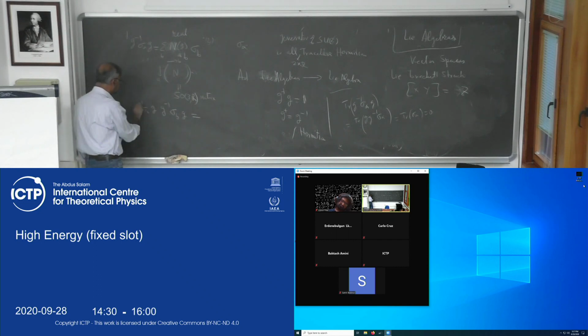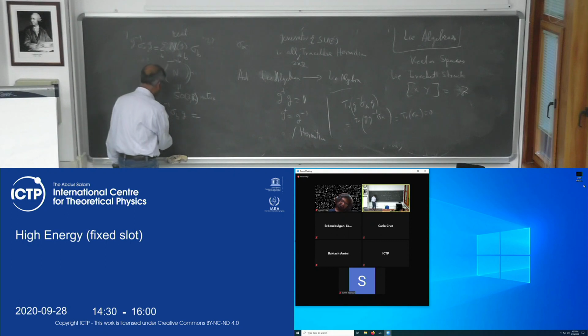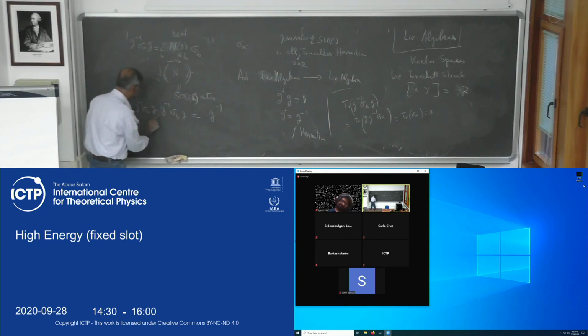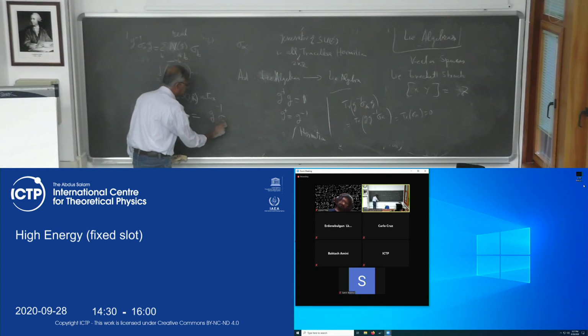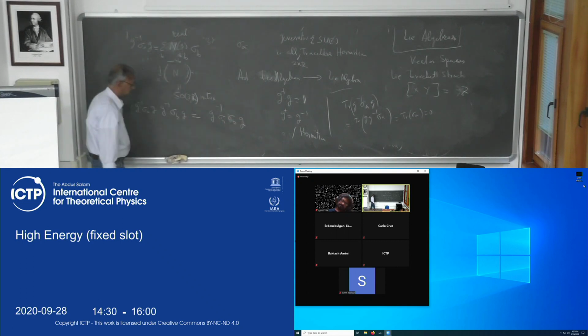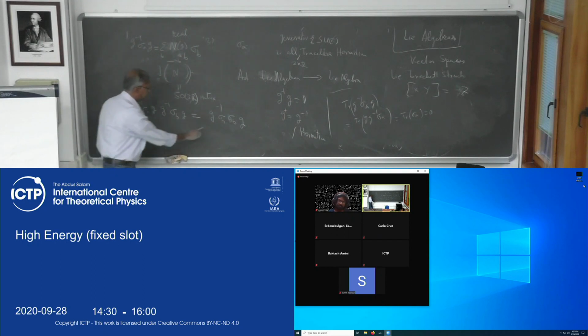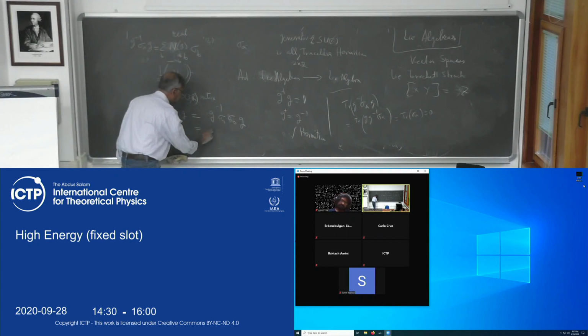So the G inverse cancels, and you get here sigma A, sigma B, G. But sigma A, sigma B we already know is delta AB times identity.